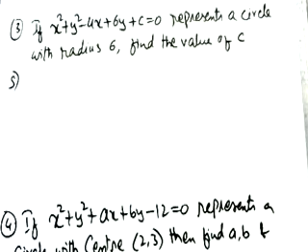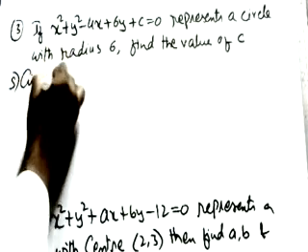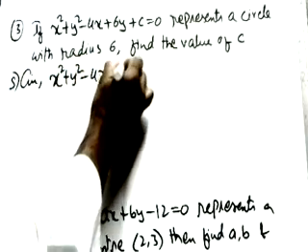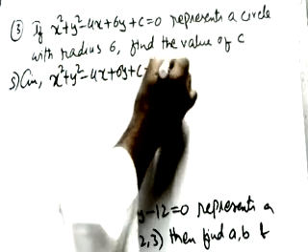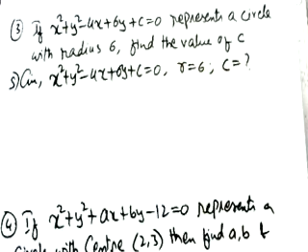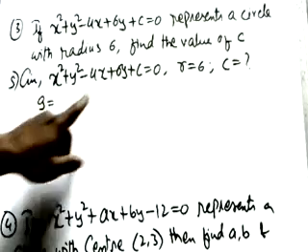Now the next question: if the equation represents a circle with a radius 6, find the value of c. This is the given circle, x square plus y square minus 4x plus 6y plus 6 equals to 0. Given radius equals to 6, find the value of c. So let me first find what is g here.